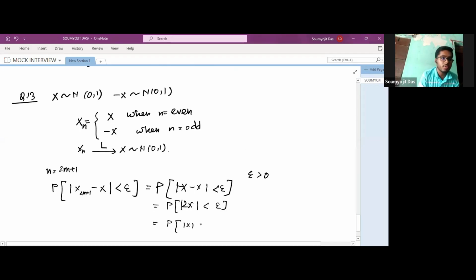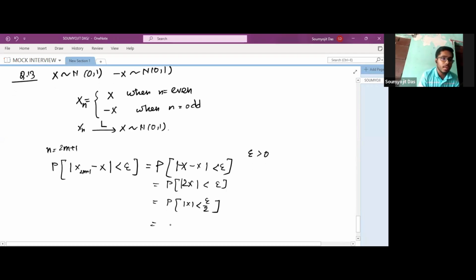So the probability that |X| is less than epsilon by 2 can be written as capital Phi of epsilon by 2 minus capital Phi of minus epsilon by 2. This does not go to 1 as n tends to infinity. So we can say that it does not converge in probability to X.